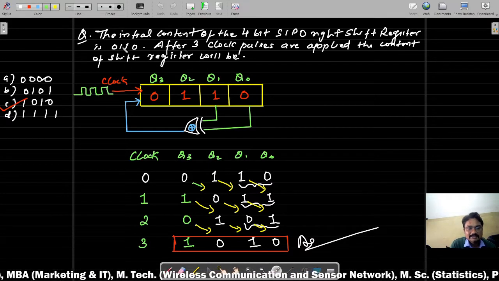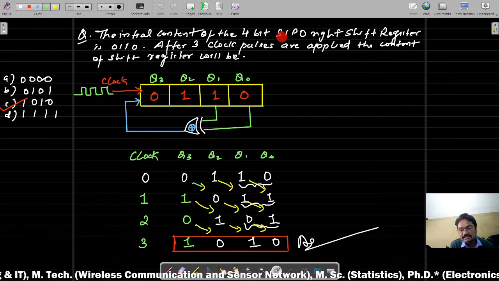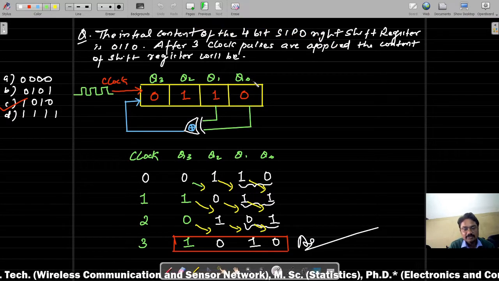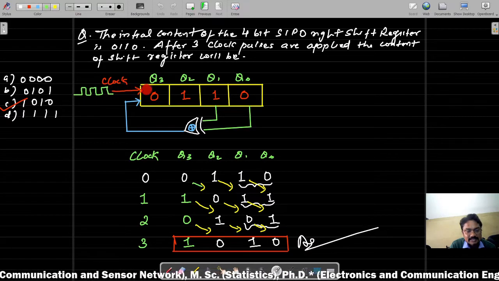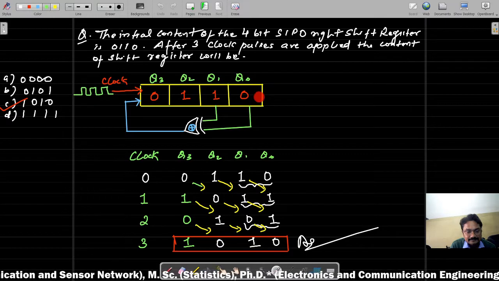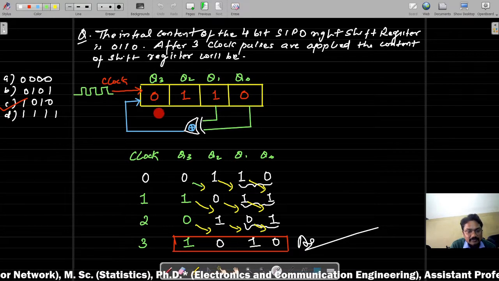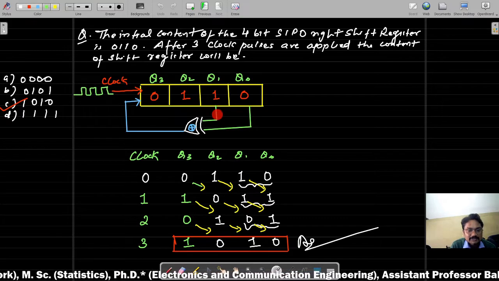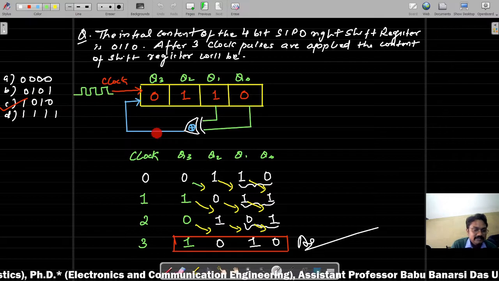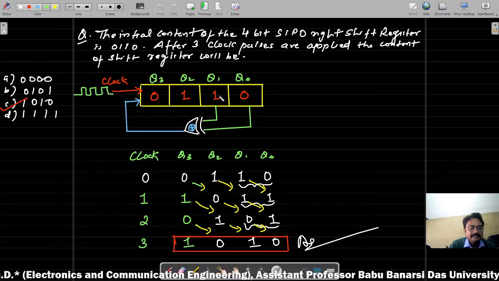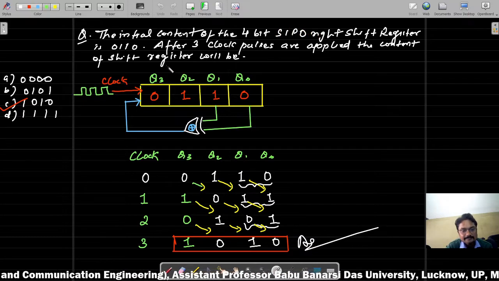In this example, the register is a 4-bit serial in parallel out register, because the data is serially uploaded in this register. You can take the output directly from here, but the last two outputs are taken and passed through an XOR gate, and then this data is serially fed again into the system.